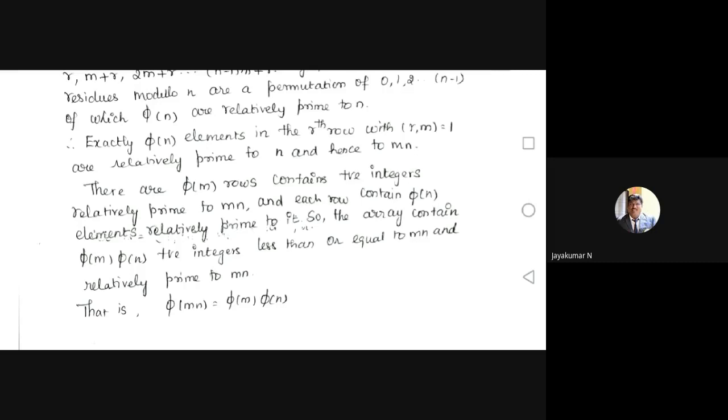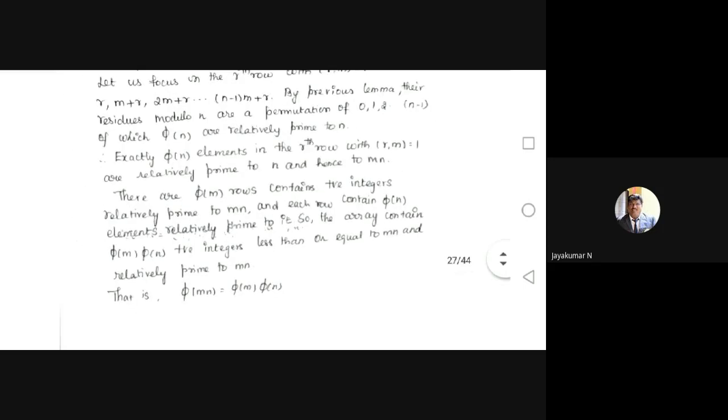So the array contains phi of m into phi of n positive integers less than or equal to mn which are relatively prime to mn. Therefore Euler's phi function phi of mn is equal to phi of m into phi of n. This equation represents that phi is a multiplicative function.